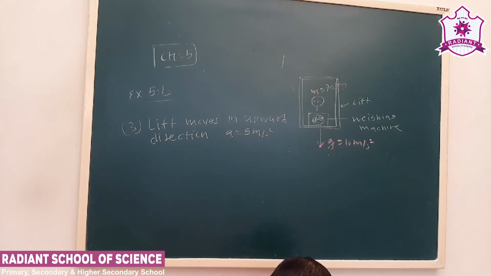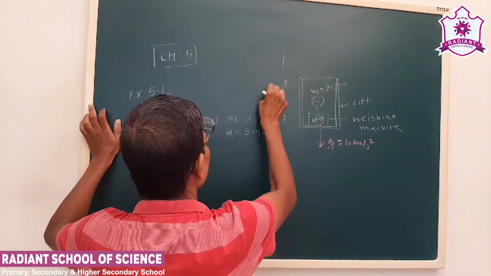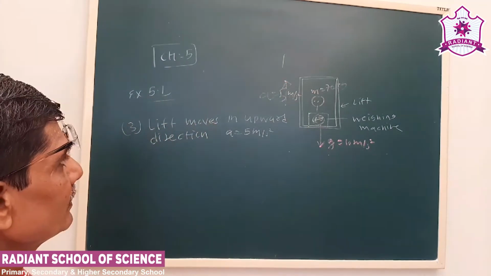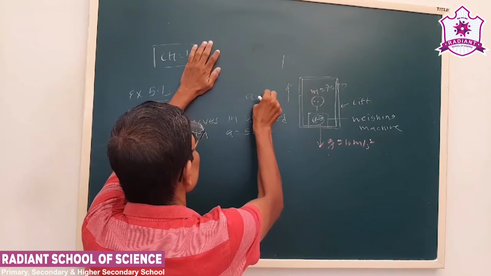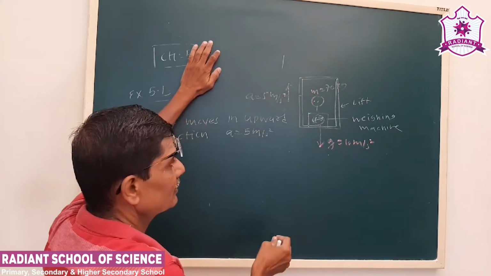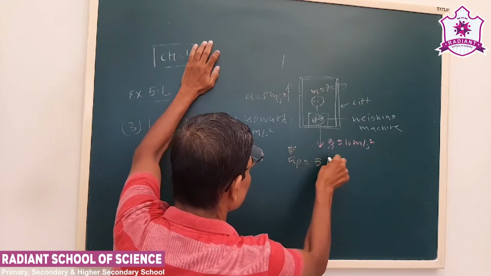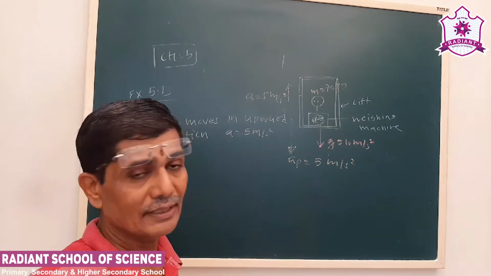This is the acceleration of the lift. Now our pseudo acceleration AP also will be 5 meter per second square, in the opposite direction.